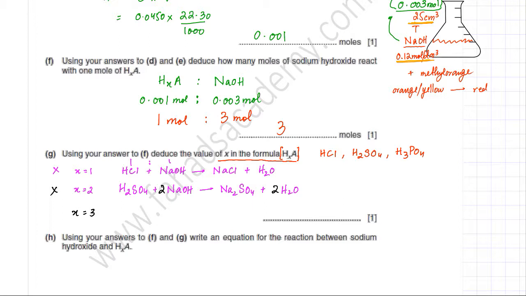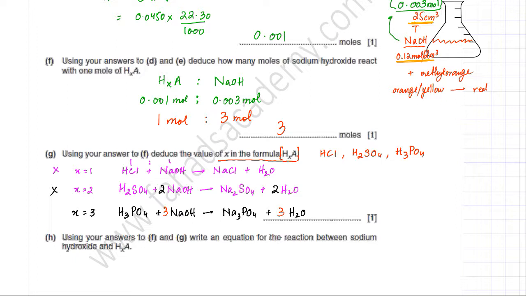Now think of X as being equal to 3. The acid that would come to my mind would be phosphoric acid. So I'm going to take that example, H3PO4. H3PO4 reacts with NaOH and produces Na3PO4 and a water molecule. To balance this reaction, there should be 3 sodiums on the right hand side, so there should be 3 NaOH molecules, which makes it 3 water molecules.